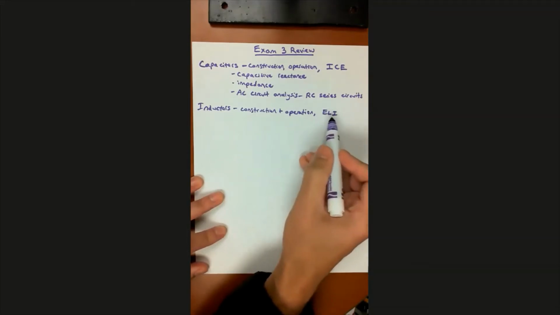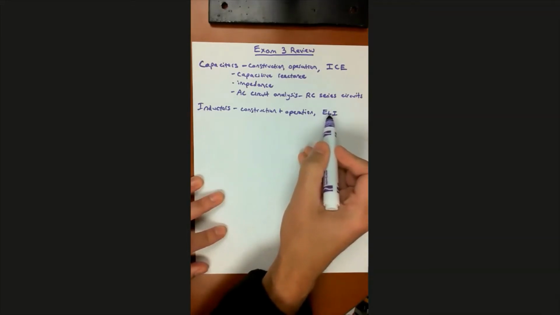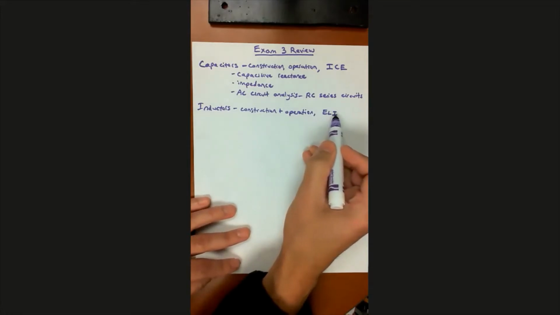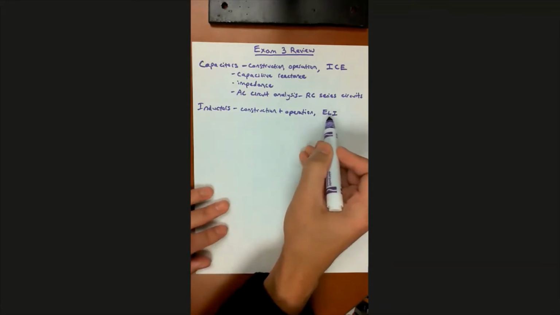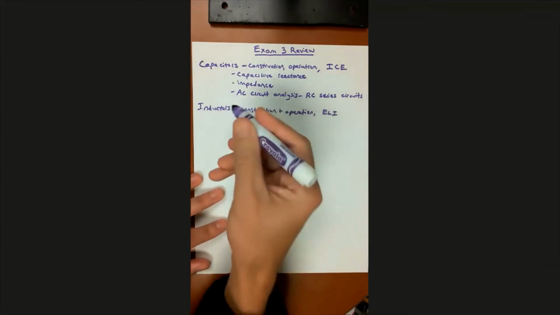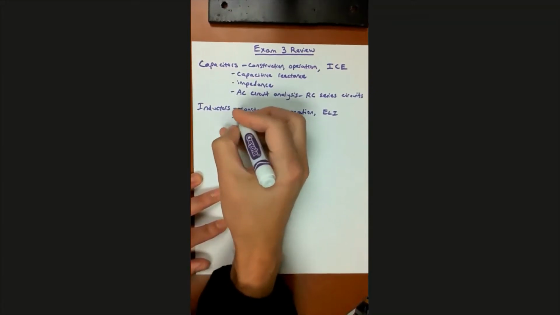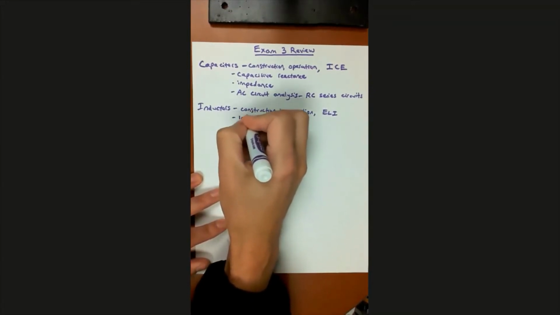ELI, the mnemonic device, has L in the middle, and L is the variable for inductance. And we have I, current, that comes after or lags E, voltage. So current lags voltage in an inductor. Then we talked about inductive reactance.